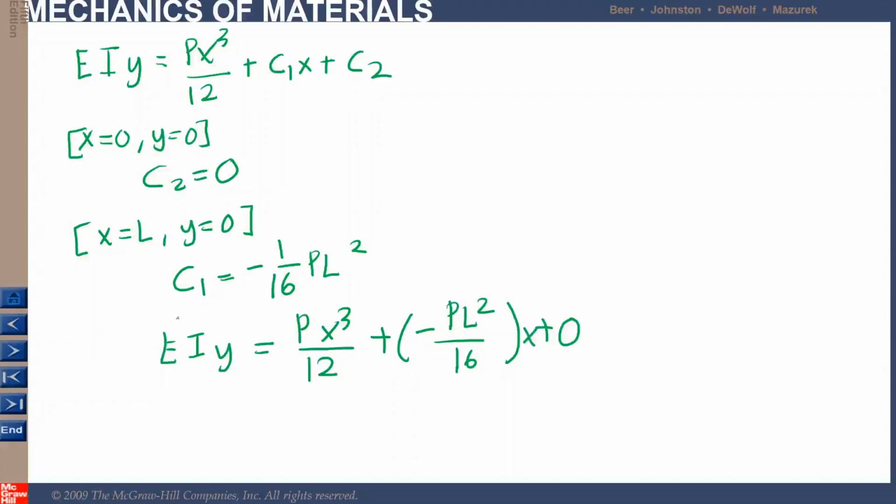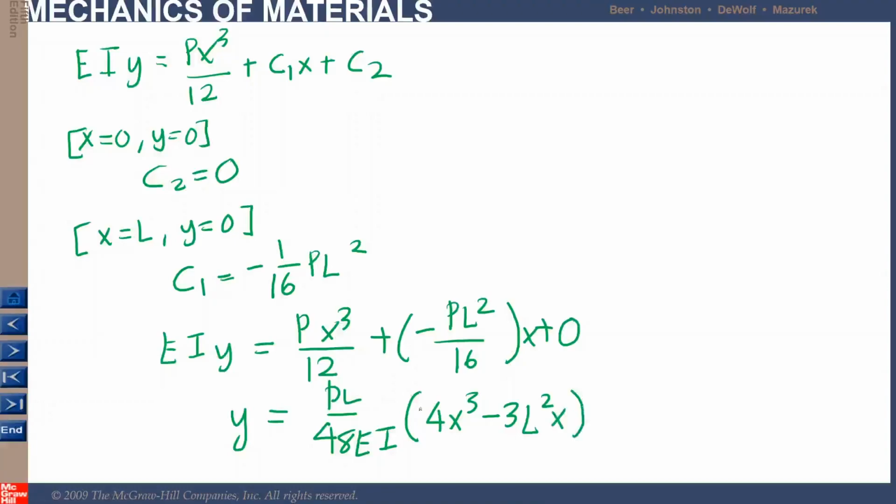And then we can simplify this value here as y, so y is equal to PL over 48 EI times 4x cubed minus 3L square times x. So this is our elastic curve equation.